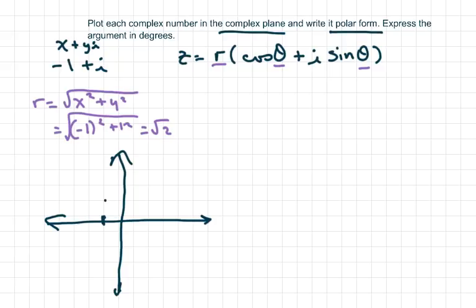So there's your point, and this r, which is the distance from the origin, is the square root of 2. This is your imaginary axis. This is your real axis. Okay, so there it is. We know this is in quadrant 3. And we actually know this is like a 45-degree angle.